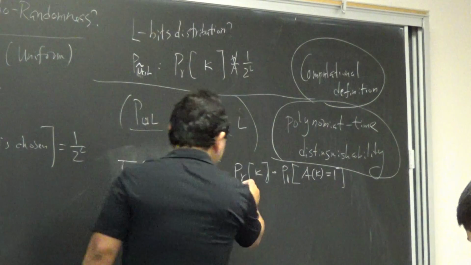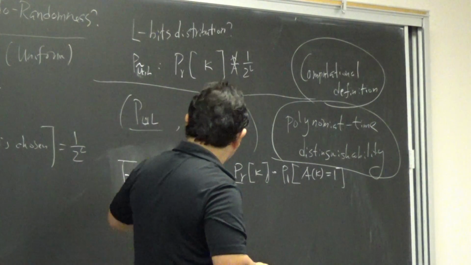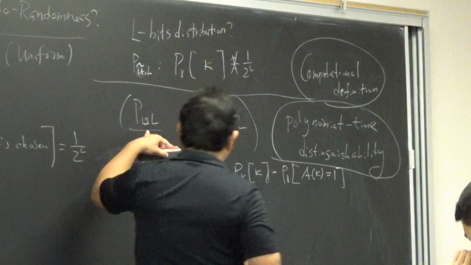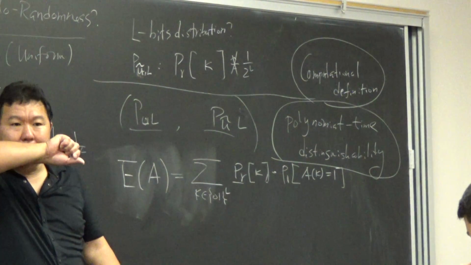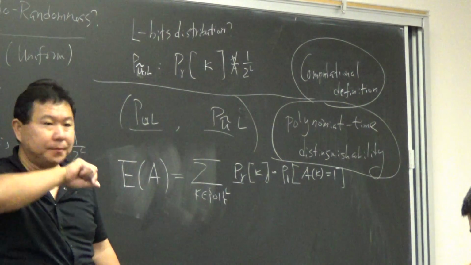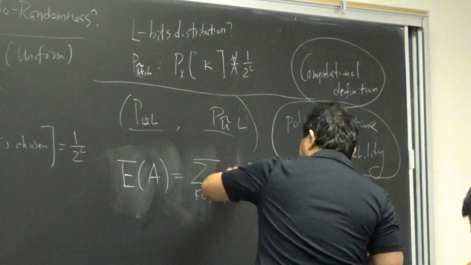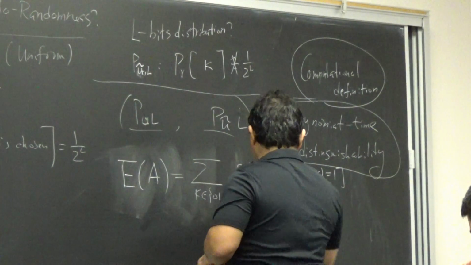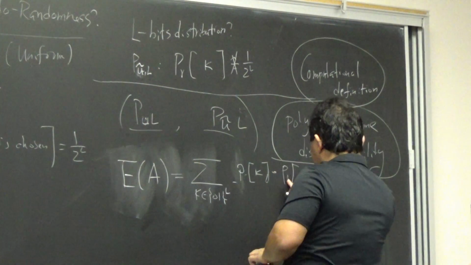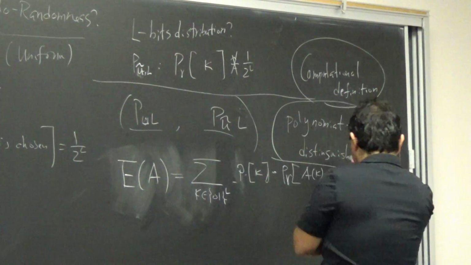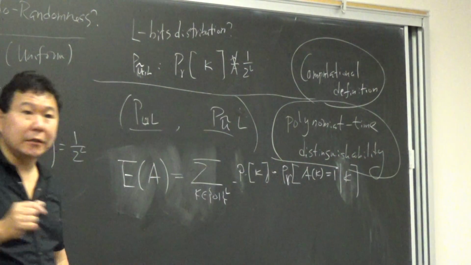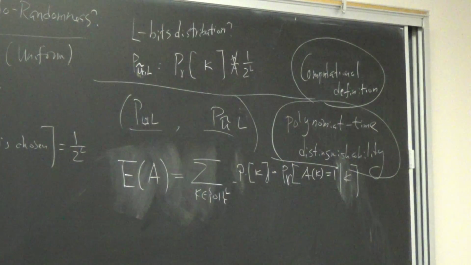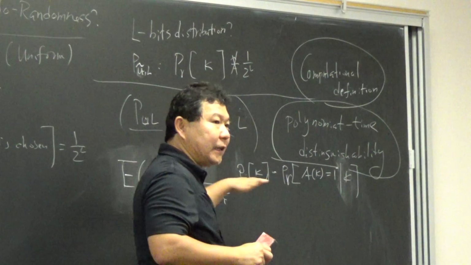And this probability we can use either the uniform one or the potentially pseudo-random one. Let me use this as my little indicator P. So this is the expected behavior of the algorithm against a set of random strings.